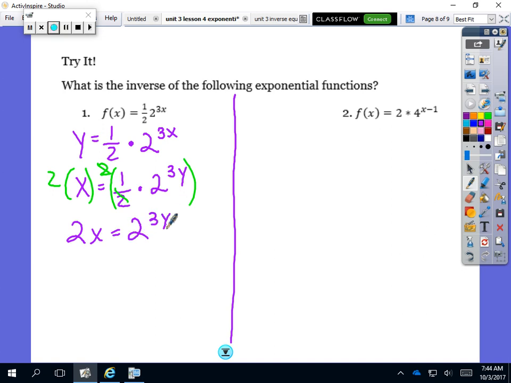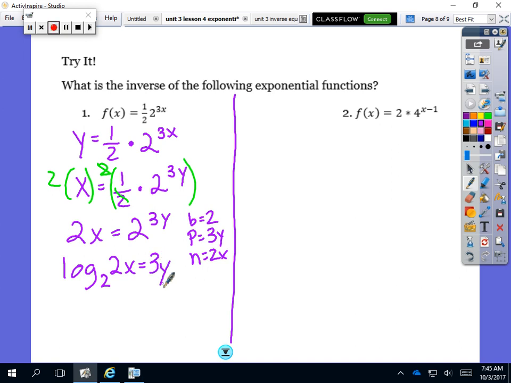Okay, so the next step was to convert to log form. So b is 2, so log base 2 of n, where n is 2x, so log base 2 of 2x equals 3y.